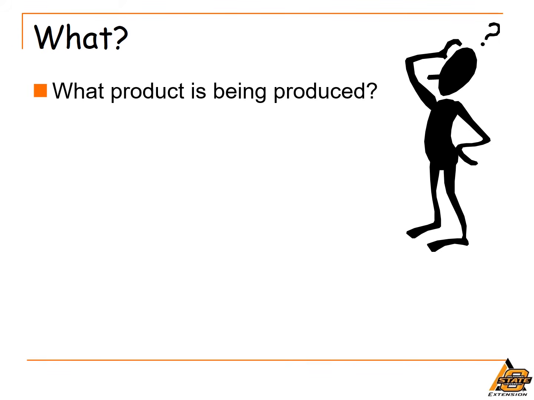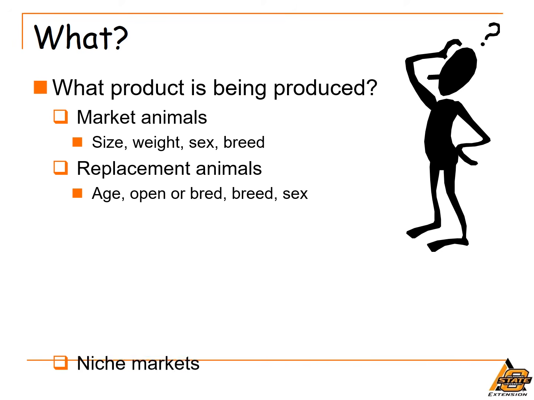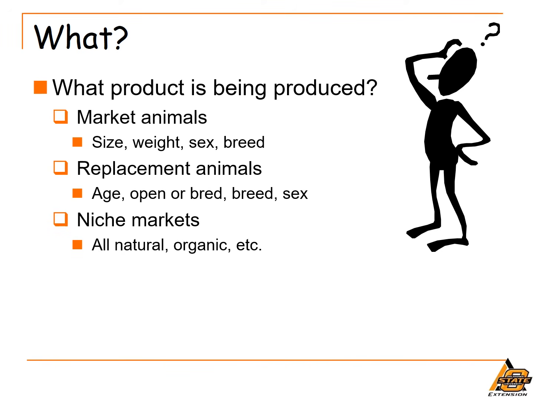When we talk about what we're going to sell, I'm not going to talk about the breeds and the different aspects of all the breeds. I'm not so much hung up on that as I am the different types of animals that you're going to sell. For example, the difference between market and replacement animals. When we talk about market animals, we're talking about what size, what weight.